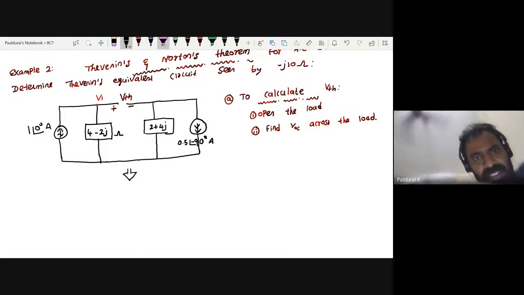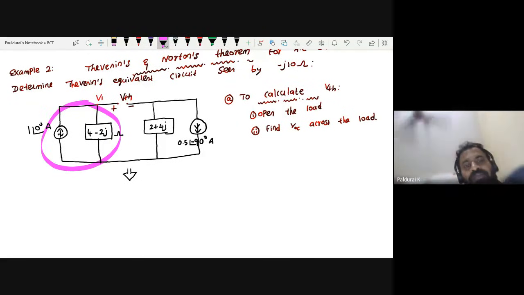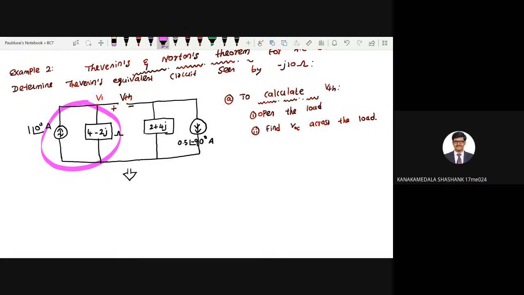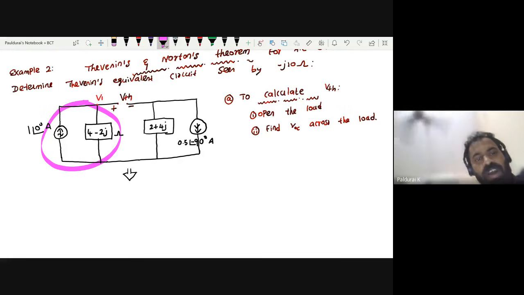What is this? This is a practical current source. This is a very good practical current source. Convert this into a practical voltage source.